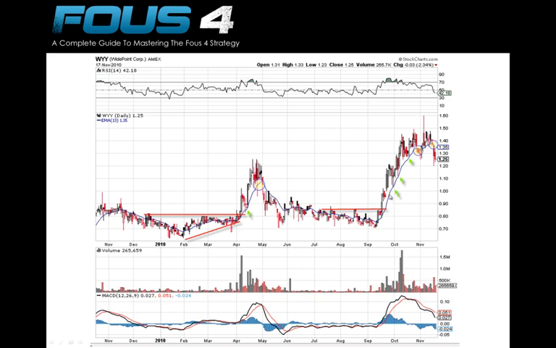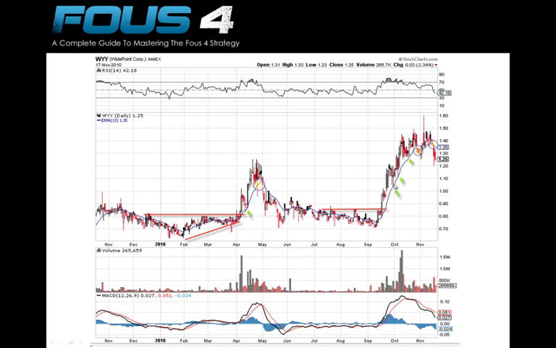Then it got this solid rally, and then there's the first retest of the 13 EMA. I probably wouldn't have considered buying this, as it rose significantly off this breakout before first retesting the 13 EMA. But if you did buy it off this first 13 EMA bounce, it went from about 105 all the way up to the 150 area.